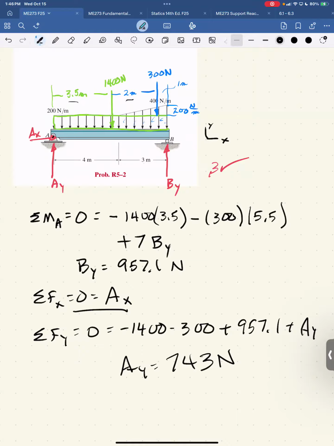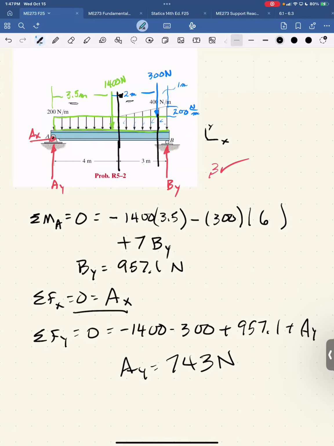I said 3.5 plus 2, but it's really the 4 plus the 2, right? I drew this wrong. This should be 2 meters right there. So good reason to go back and check your problems after you do them. I mean, I had it written down correctly and I even did it. So go figure. So thanks for that.